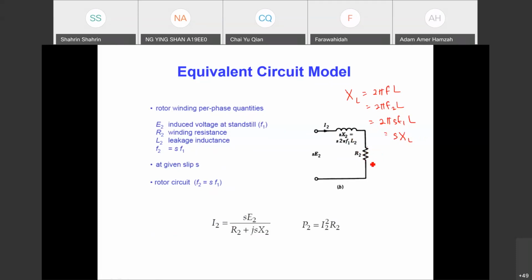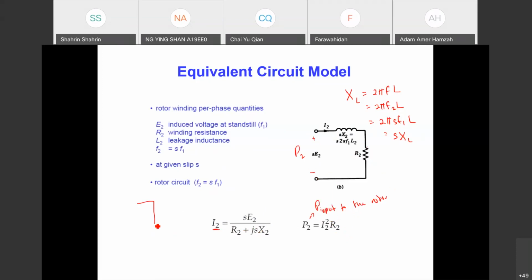You can calculate your rotor current I2 by using a very simple Kirchhoff law: voltage over the total impedance. And the power of the rotor, which is P2, is I2 squared multiplied by R2. So this is the power input to the rotor.